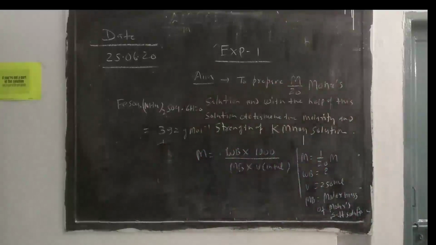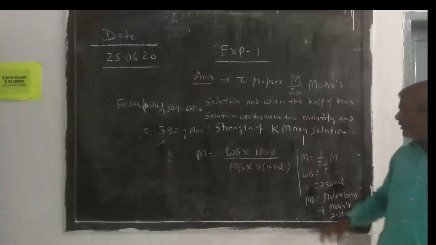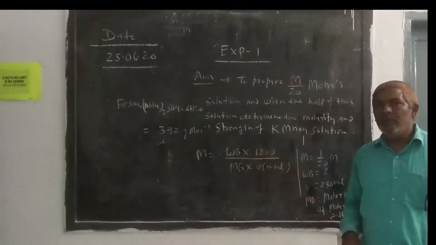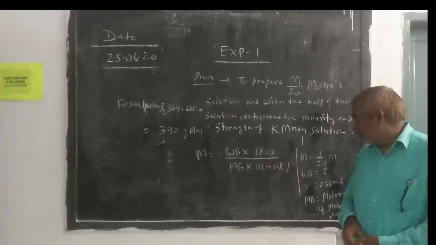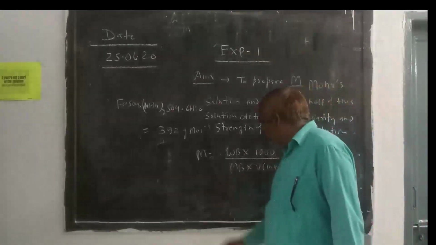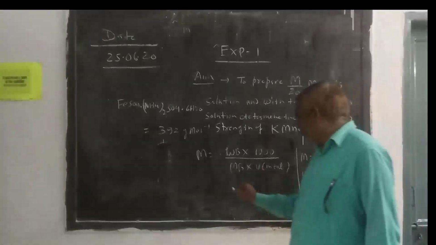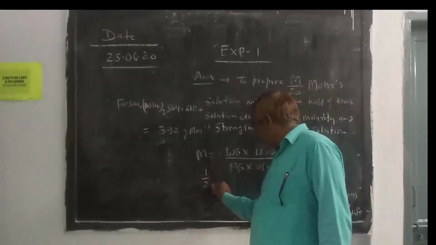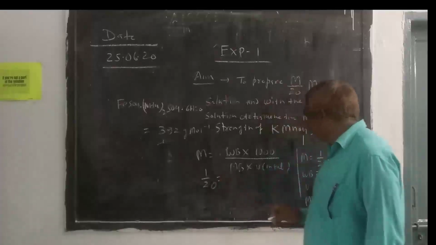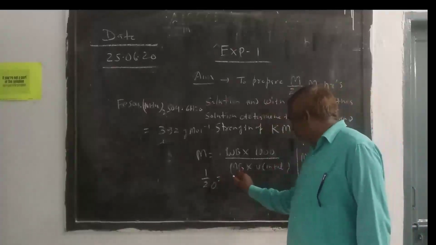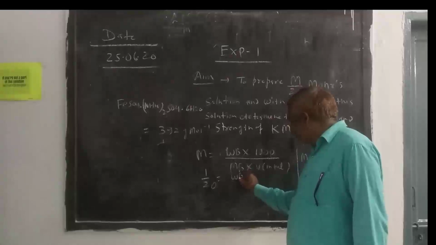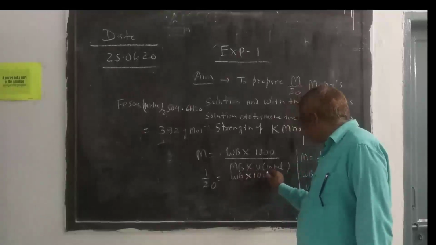Now we are going to calculate how much amount of WB, how much amount of Mohr's salt is used. Molarity of Mohr's salt is already given in the question, so it is 1/20. WB is going to be calculated, so it is WB into 1000.